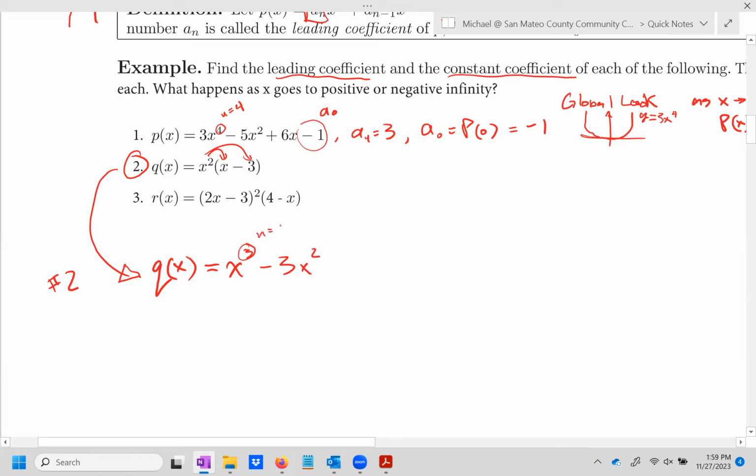N is equal to 3. So what's my lead coefficient? A sub 3 is equal to, what's the lead coefficient here, friends? It's just 1. The lead coefficient is 1. One times x cubed.